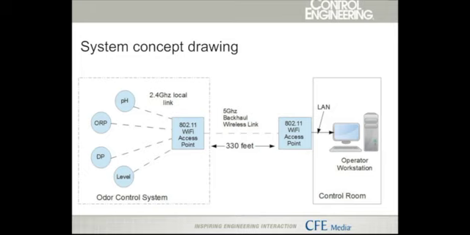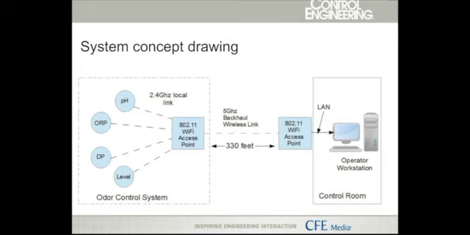The basic concept was to take the primary sensors and use the 2.4 gigahertz local link, which is on the industrial, scientific, and medical band. It's an unlicensed band, and communicate directly with the IEEE 802.11 Wi-Fi access point mounted on the odor control system tower.